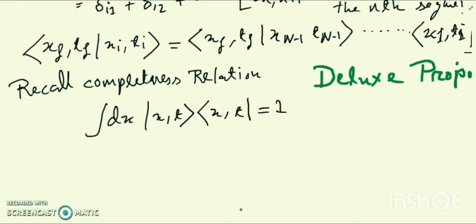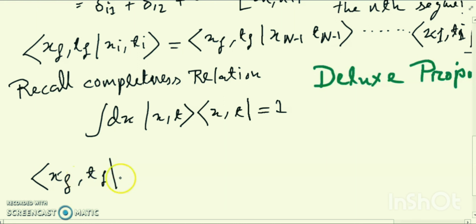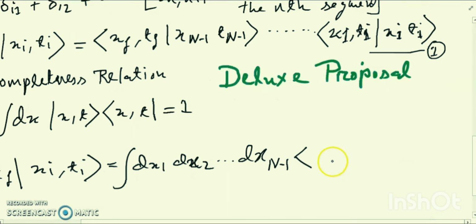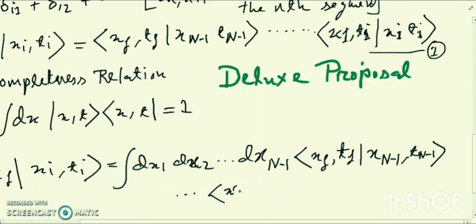So one could write this way, <xf, tf | xi, ti> could be written as the integral of dx1, dx2, up to dx(n-1), of <xf, tf | x(n-1), t(n-1)> and so on, up to <x1, t1 | xi, ti>.